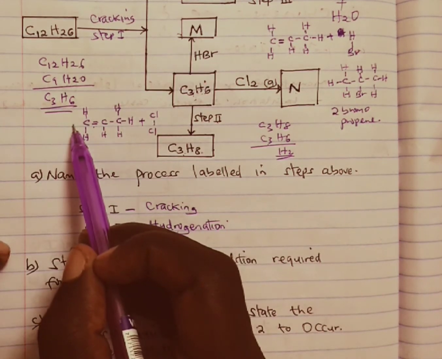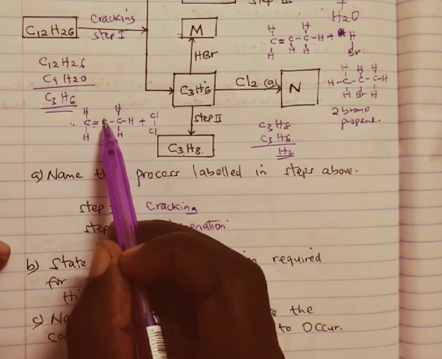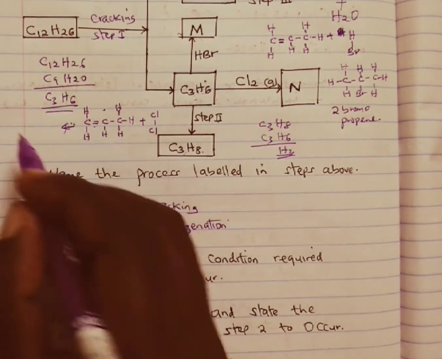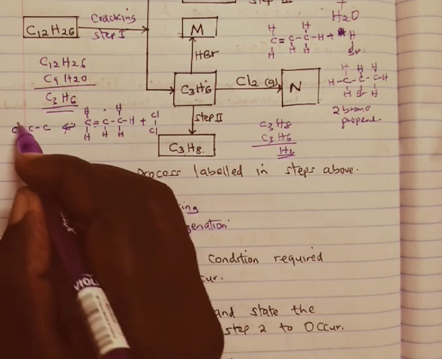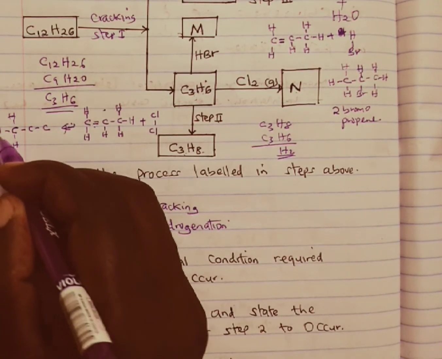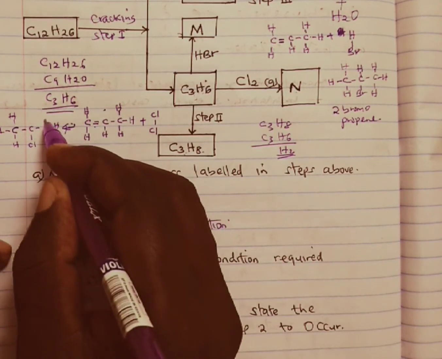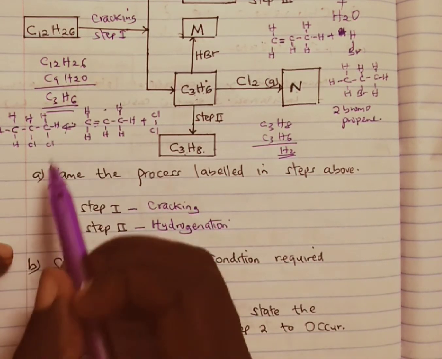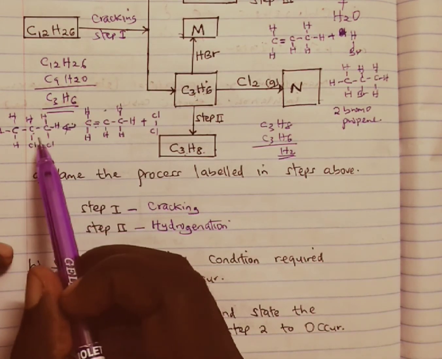The double bond will simply shift here, such that we are going to have chlorine attaching itself here and another one attaching itself here. We have hydrogen, we have chlorine here, then hydrogen. So that's what we call 1,2-dichloropropane.